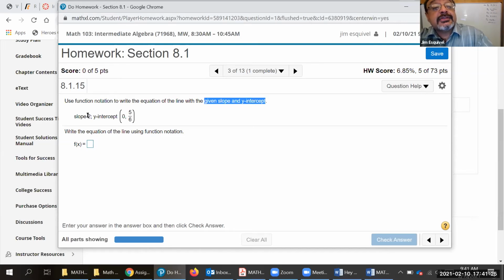So instead of slope 2, you could put m equals 2. Y-intercept, this is b, 0, 5/6. So b is equal to 5/6. So basically, slope 2.